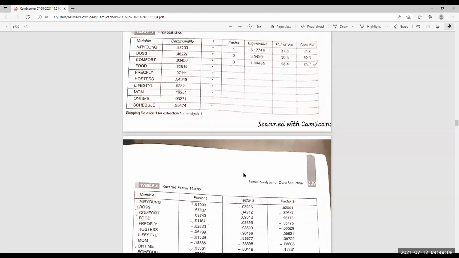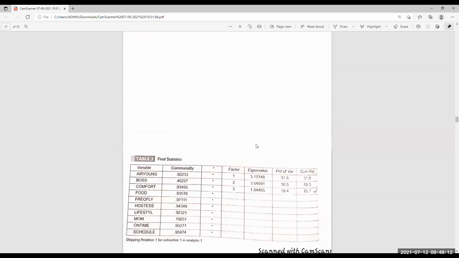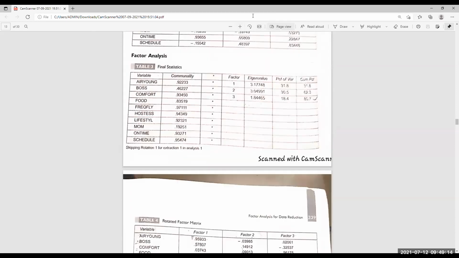There are certain statistics given here for the 3 factors which have been picked up, shown without the other factors. What are the 3 factors here? Their eigenvalues are mentioned, the percentage of variation, the column that I'm ticking, and the cumulative percentage of variation, which means 3 factors in the solution will contribute to 80%, which is a decent figure.